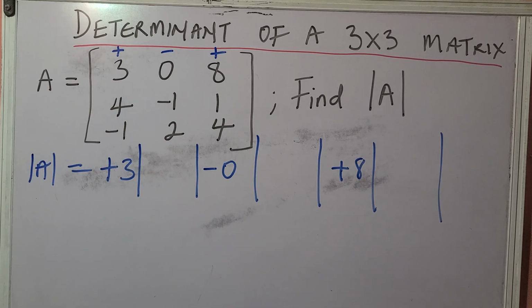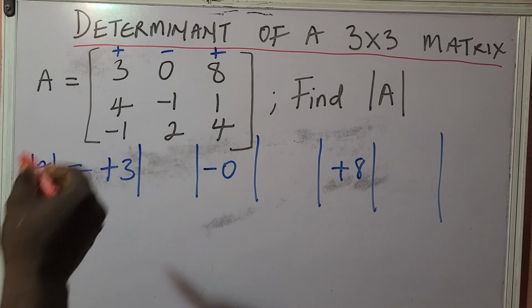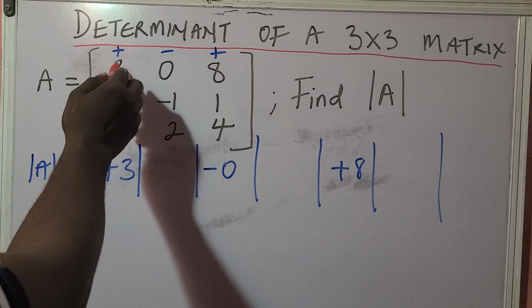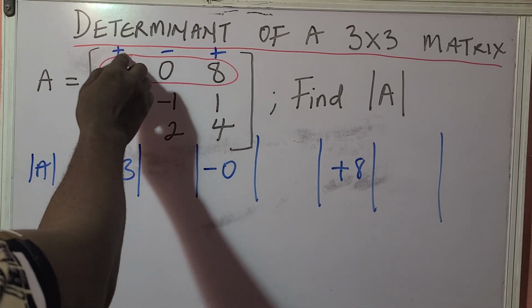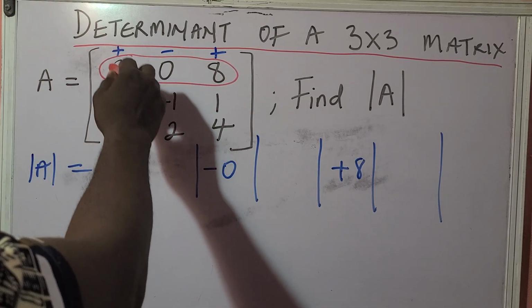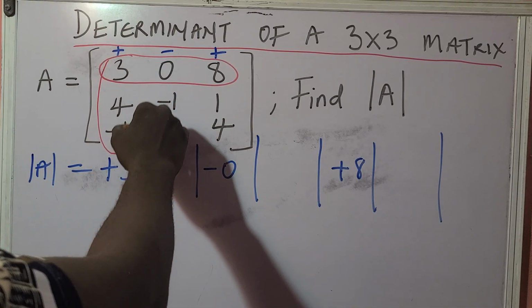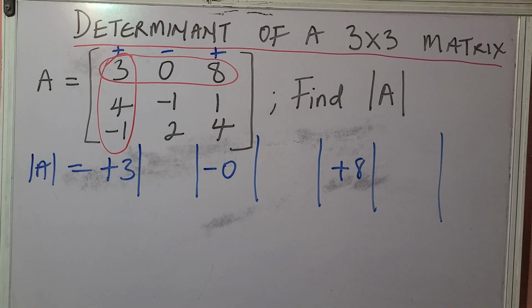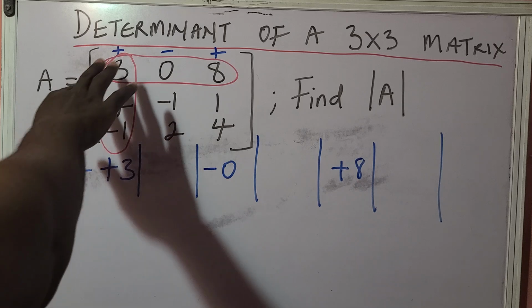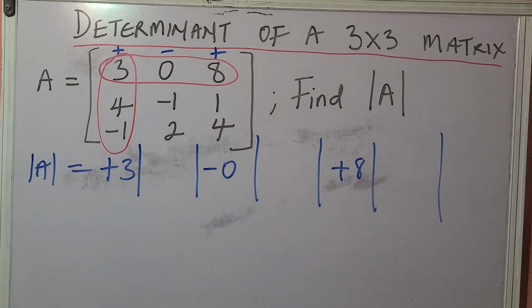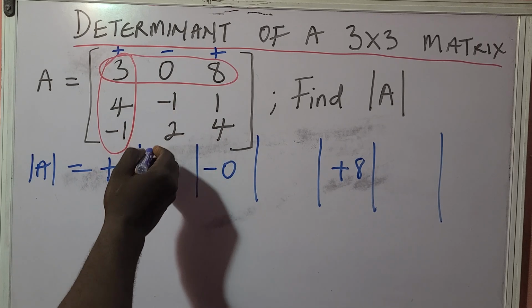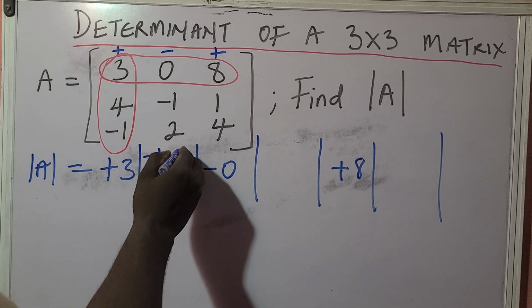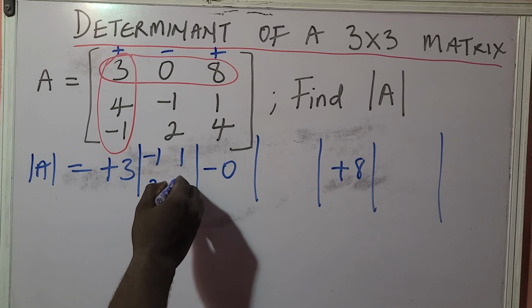So what you're going to do is shut off the entire row associated with plus 3, and then shut off the column associated with plus 3. So we shut off the entire row and the entire column. And what we'll be left with will be minus 1, 1, 2, 4. And that will be the matrix we're going to fill into this determinant braces.